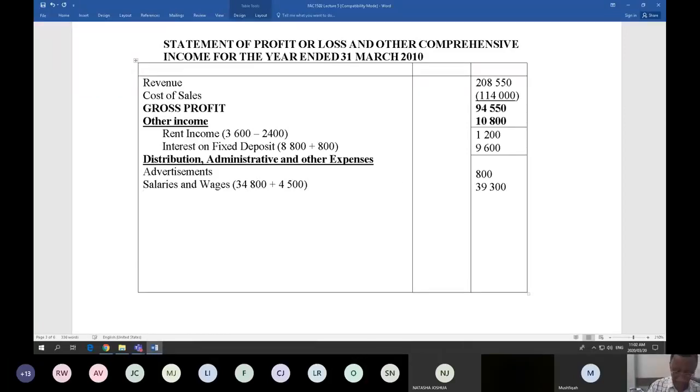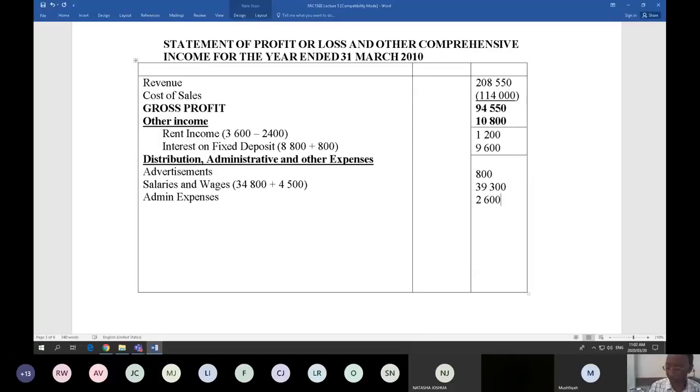Back to our list of accounts, all of our expenses. Our next expense is called admin expenses. On our trial balance, we have administrative expenses of 2,600 rand.